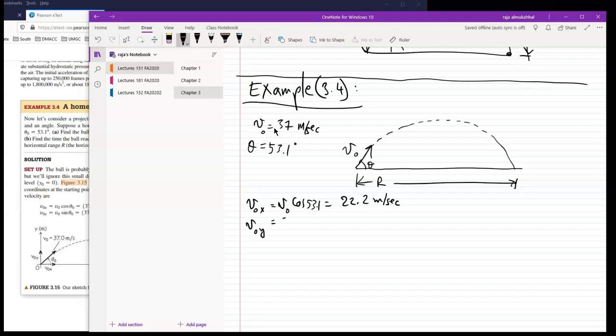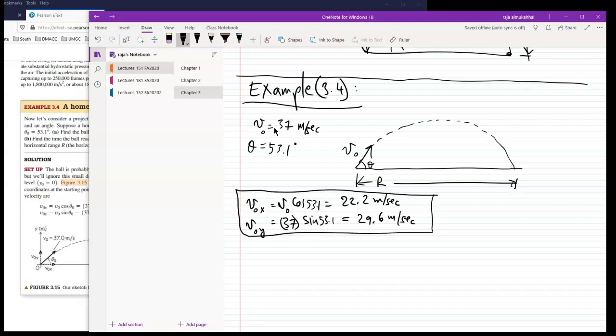And V naught y is 37 sine 53.1. Sine 53.1 times 37, I'm using my calculator, 29.6 meters per second. There we go. I got those. Those are very important. So I'll just box them and leave them on the side.